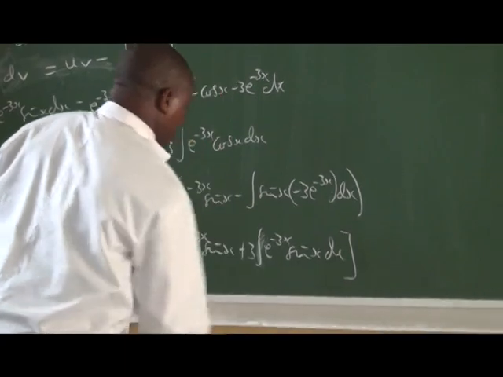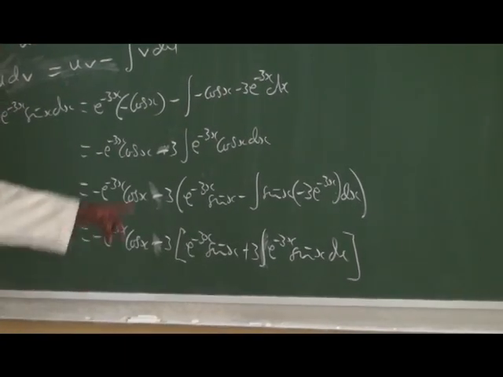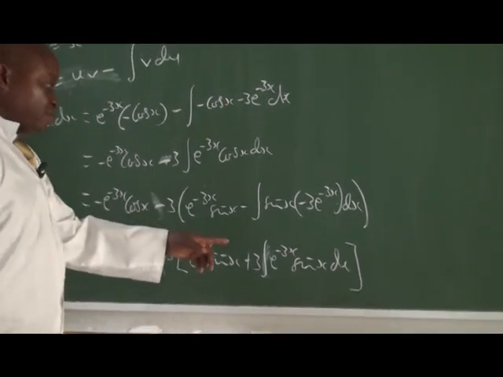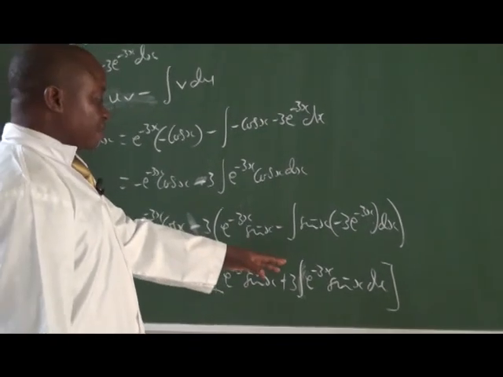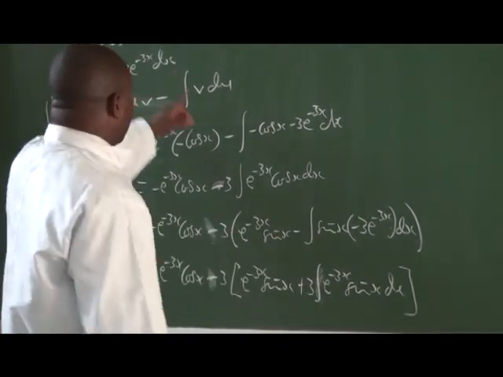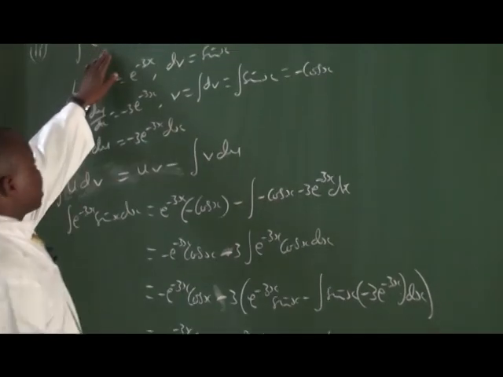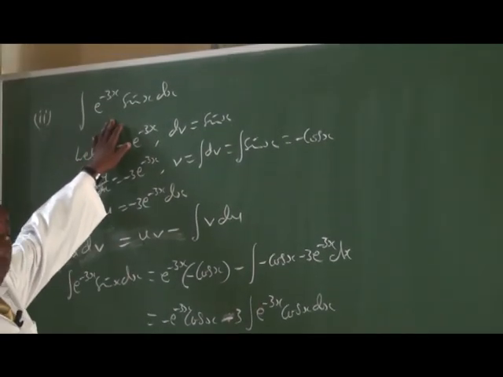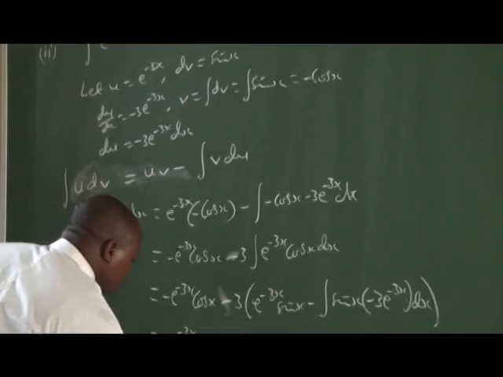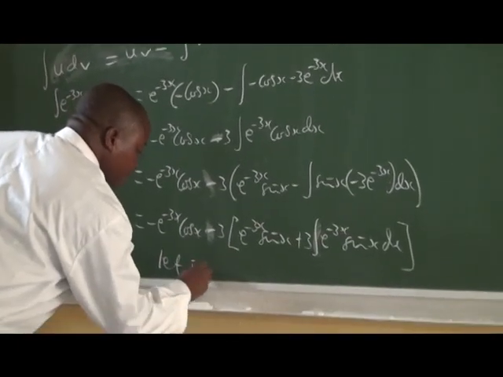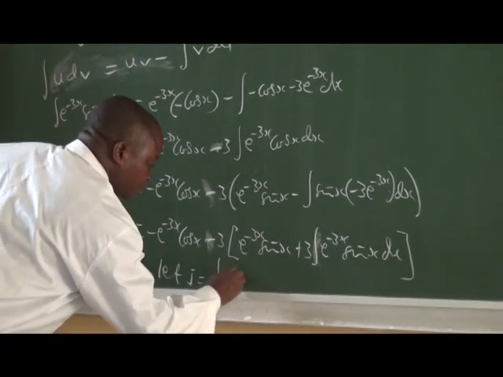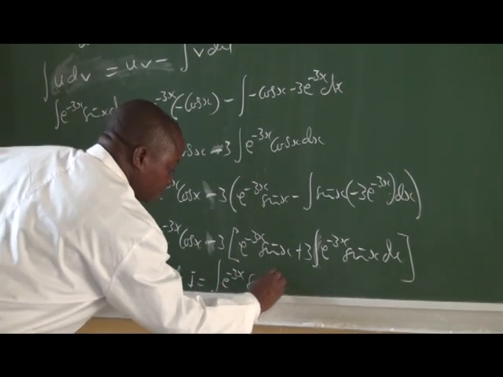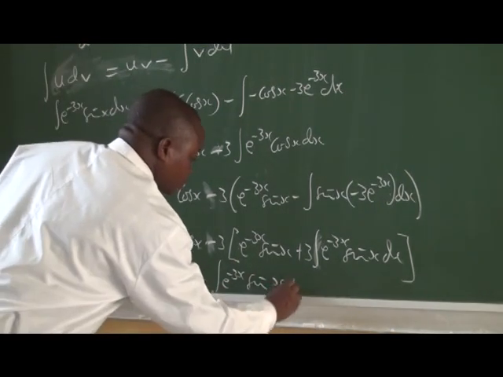Look at that. Now notice that we have got to where we started again. So what I will do is to let I equal the integral of exponential minus 3x sine x dx.